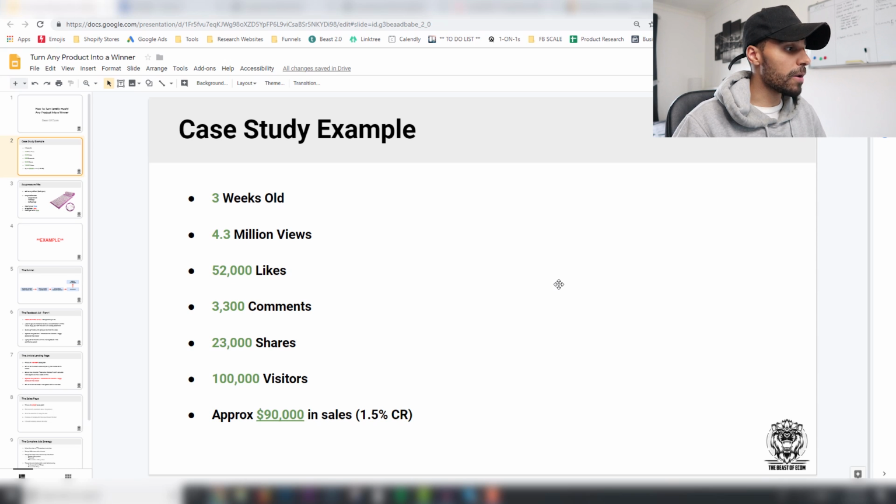It's got 23,000 shares on it. The website has probably had around 100,000 visitors in the space of a month, and approximately probably generated around $90,000 in sales. Now, of course, that is approximate, and that's just going off a conversion rate of around 1.5%. So it could be higher, it could be a little bit lower, but the only thing we can really go off is the amount of visitors that it's had.